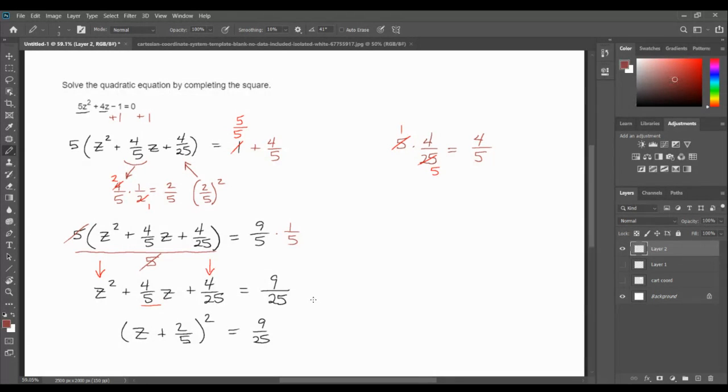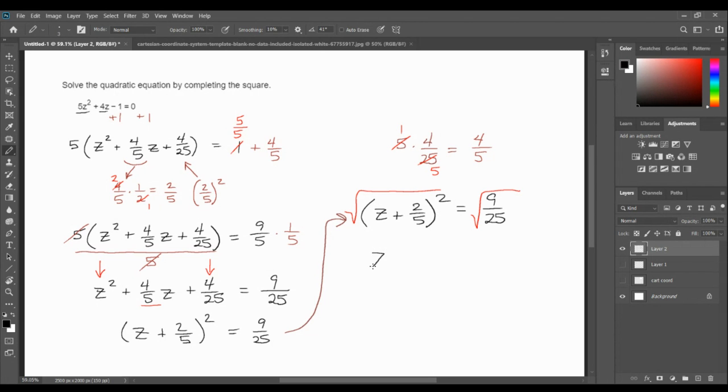So let me now bring this up here since I'm running low on space on the screen. z plus 2/5 quantity squared equals 9/25. Now I've got a squared term here, so I need to take the square root of both sides to clear out that squared term.